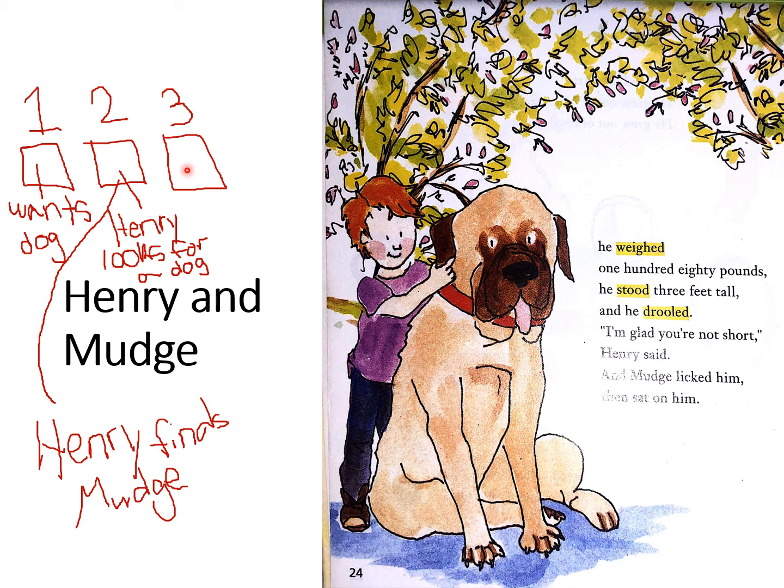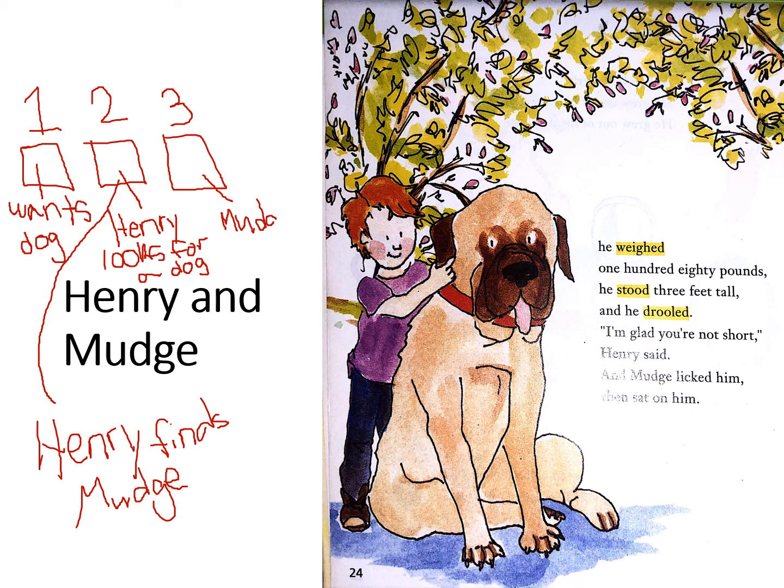And the last thing that happened, it's right here on this page. Mudge grows and Henry is happy. Mudge, he's not little anymore. He's not a puppy. He's a very big dog. Look, he weighed 180 pounds and he stood 3 feet tall. That's a pretty big dog.